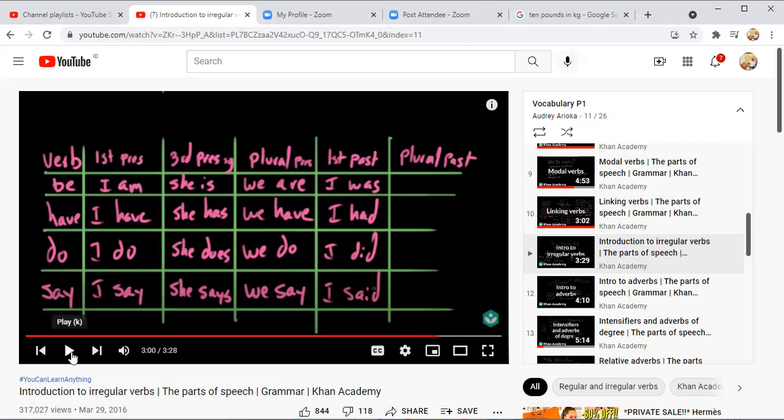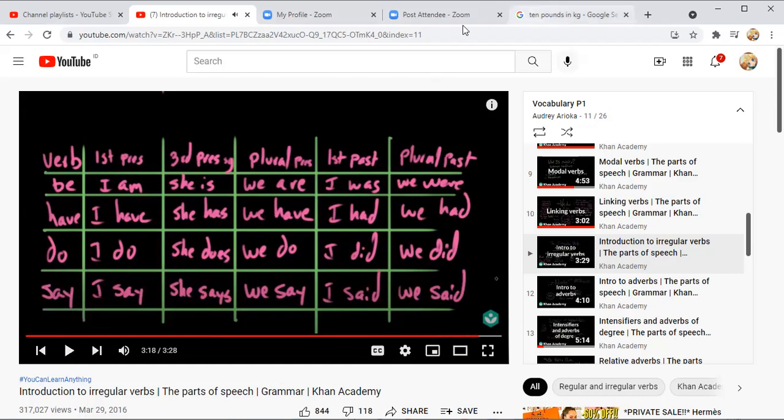Okay, it's another grammatical thing. Plural past was we were. So, these four verbs are some of the most irregular ones, but they're the most common.